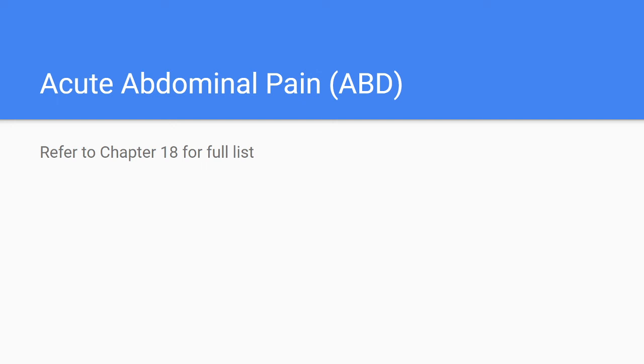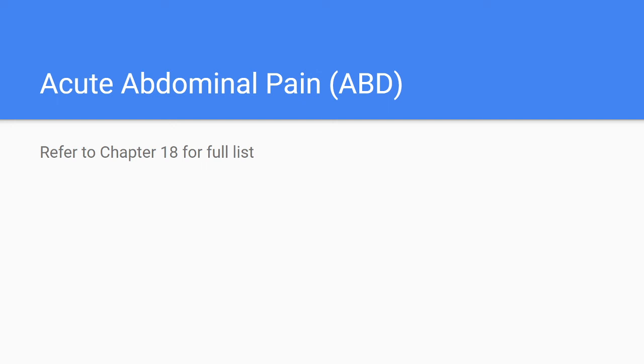Hernias are basically a protrusion of organs into a body cavity where they do not belong. Like, it's normally a noticeable mass. If you can push it back in, generally that's okay. You still want to obviously get them back to a doctor, but that's a little bit better. But if you cannot push it back in and it is cut off, that is a serious problem.